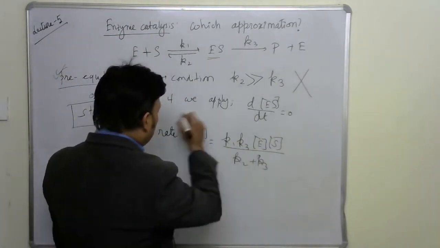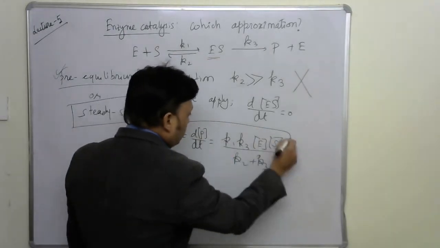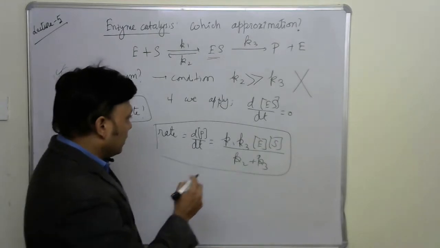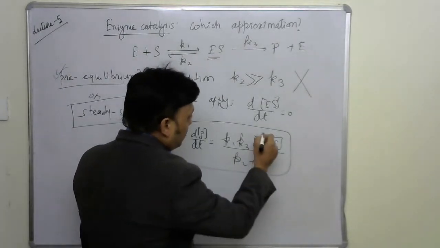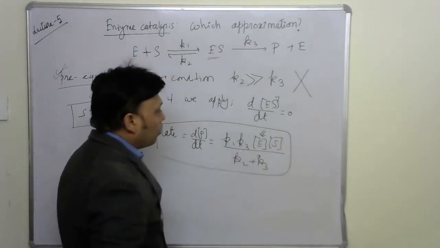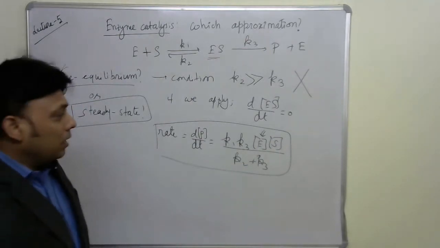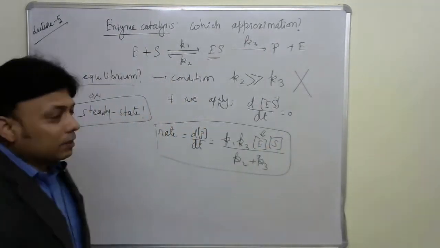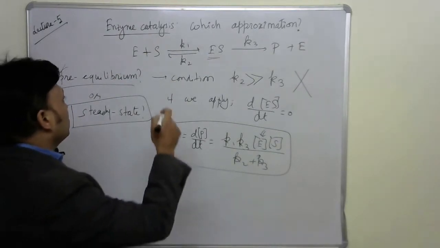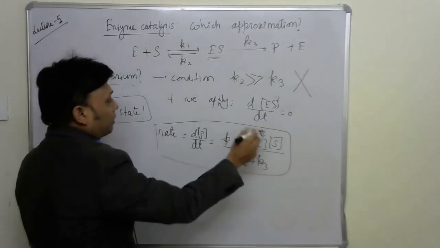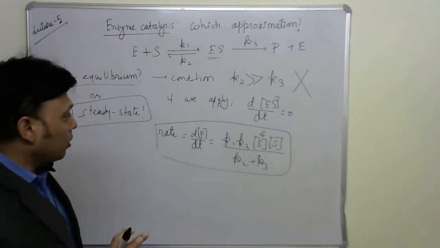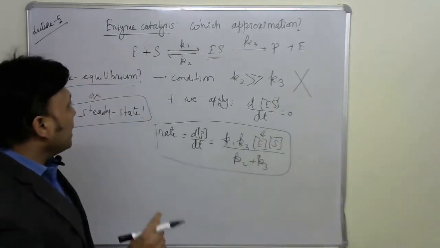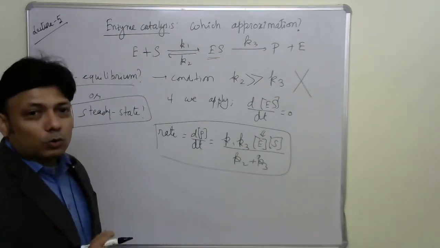We cannot use this rate equation for practical purposes because it contains an unknown variable, E. This S we can know, because we can measure the concentration of substrate at any time, not a problem. But this E, the concentration of enzyme, is unknown to us.